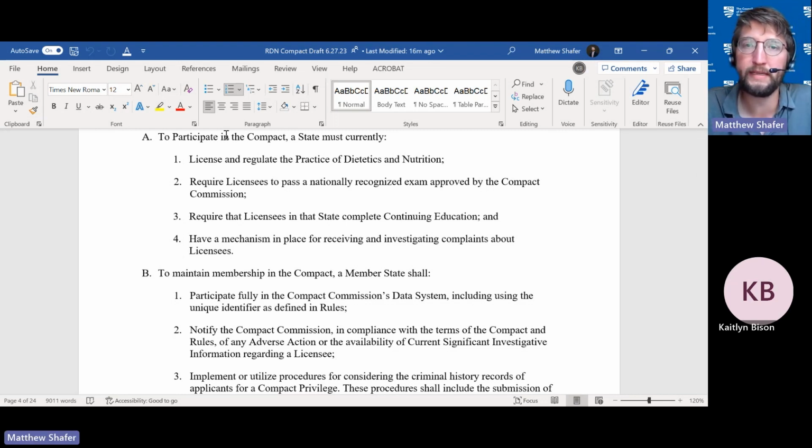Understanding there's only one exam out there for RDs that qualifies them to practice, that's the only exam that fits this requirement. But this allows us to be flexible in the future if there are new exams, or if the current requirements around credentialing and examinations change in any way.